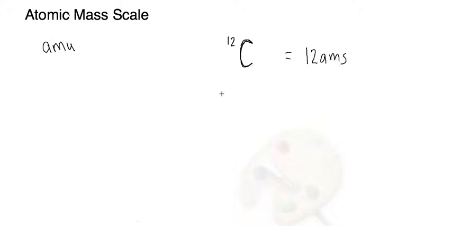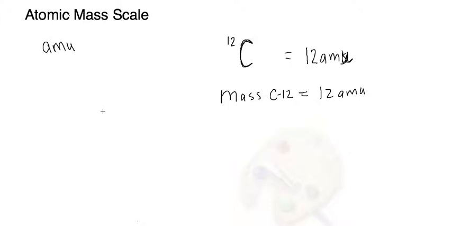So the mass of one atom of the carbon 12 isotope equals 12 AMUs. And that should be U, not S.